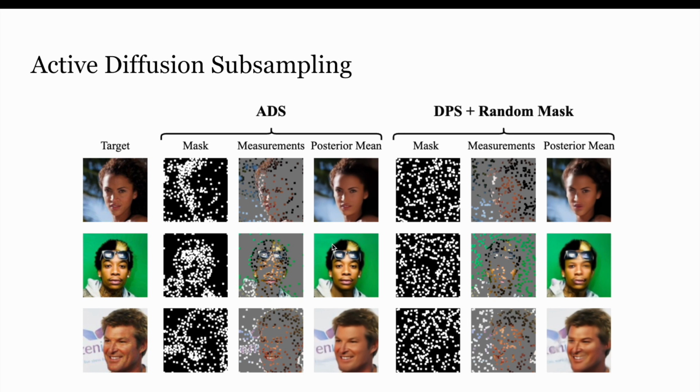For example, around the hair, where there's a large difference in color and brightness between the hair and the background, this results in high entropy in our entropy model. Compare that with diffusion posterior sampling with random masks: it often misses important locations, which results in uncertainty around those locations, seen as blur here since we've plotted the posterior mean to give some indication of all the different posterior samples you would get if you actually took K samples from diffusion posterior sampling.